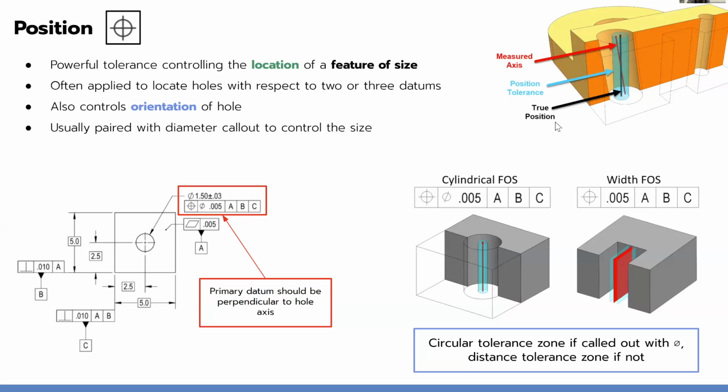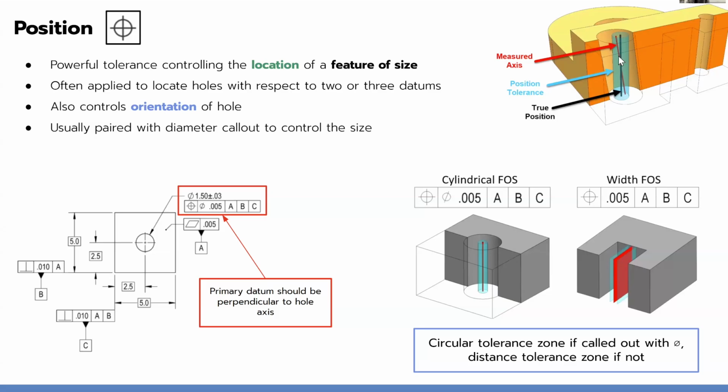Because if you look at it, the way it measures position is it'll create a tolerance zone around the theoretical axis of a hole, right? And as long as your axis stays within this bound, it's good. But you can see here with this red line that it's similar to how that perpendicularity control worked, where if it's too angled, it will still fail position.